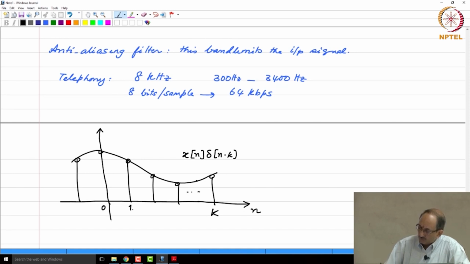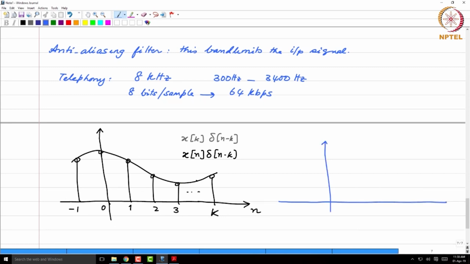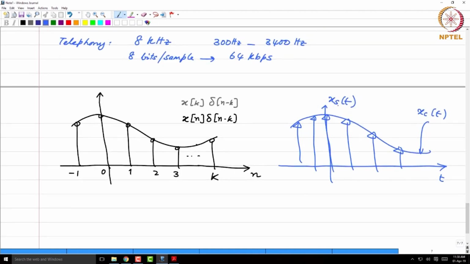So, this is 0, 1, 2, 3 and so on, and this in turn really becomes x of k delta of n minus k because of the shifting property. And what we really want is we are trying to relate the DTFT of this sequence and the spectrum of the impulse train sampled signal. So, this is xs of t, this of course is xc of t, and the impulse train corresponding to xs of t.